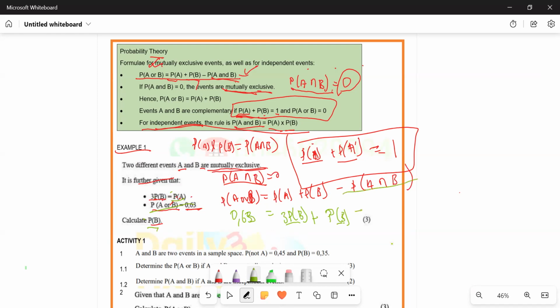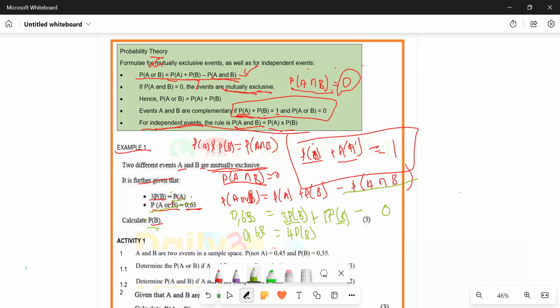What is the probability of A and B if the events are mutually exclusive? This is going to be equal to 0. Now from here onwards, this one and this one are like terms. What is 3 times the probability of B plus 1 times the probability of B? Here you get 4 times the probability of B, and this is equal to 0.63.